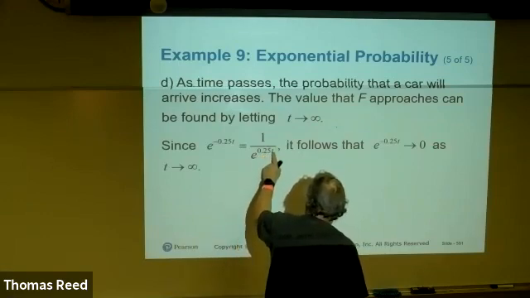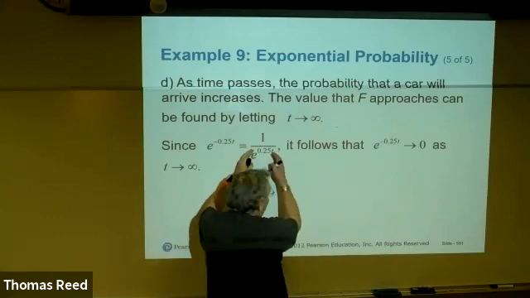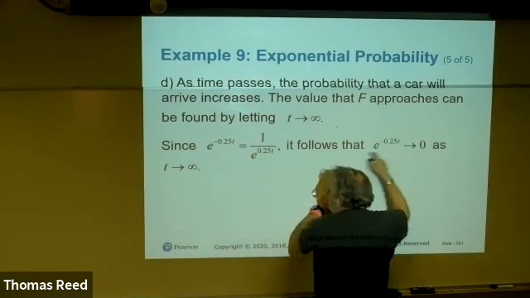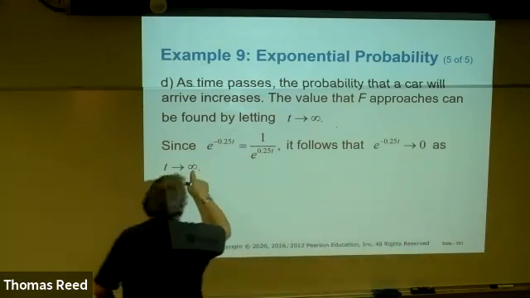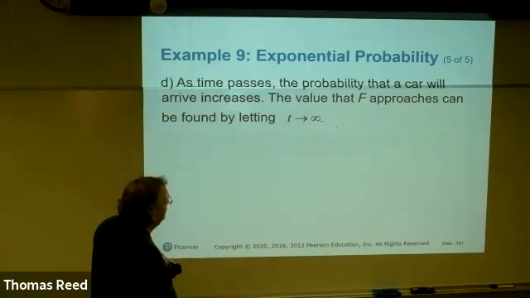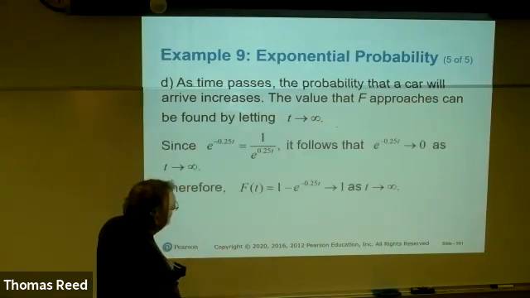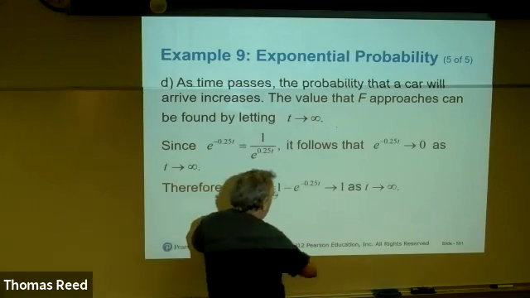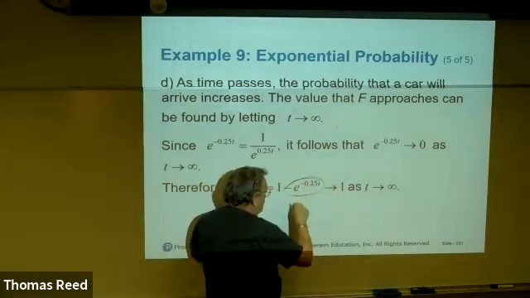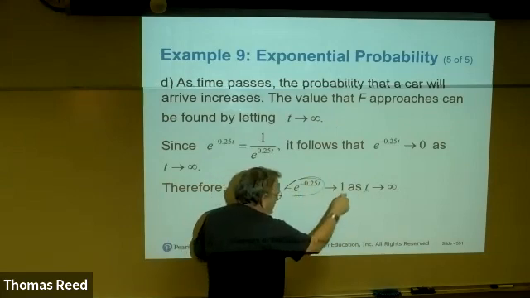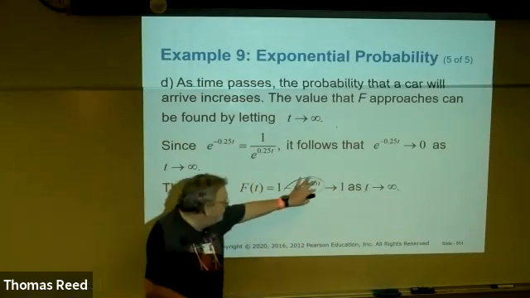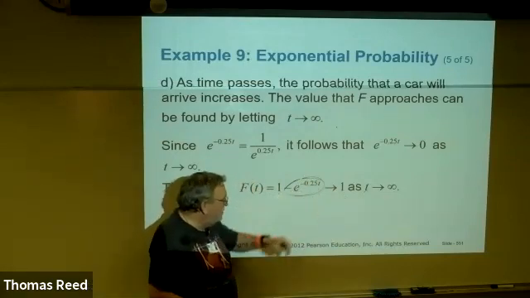So as T gets larger, this number down here gets larger, but the fraction gets smaller and approaches 0 as T approaches infinity. So as T approaches infinity, this approaches 0, so the function approaches 1. Because this will drop away and you just have 1.